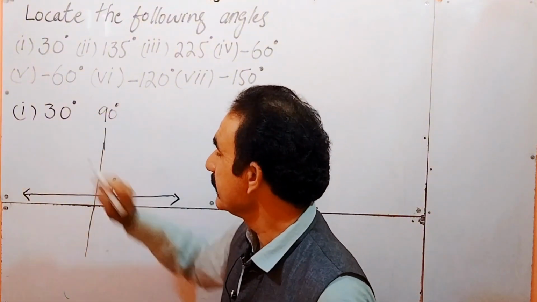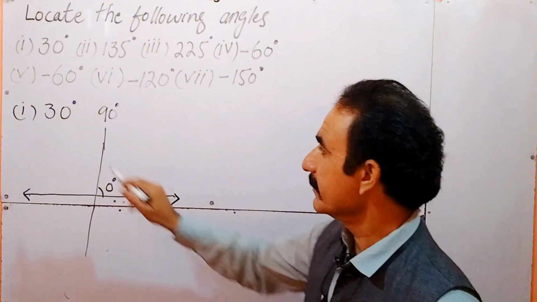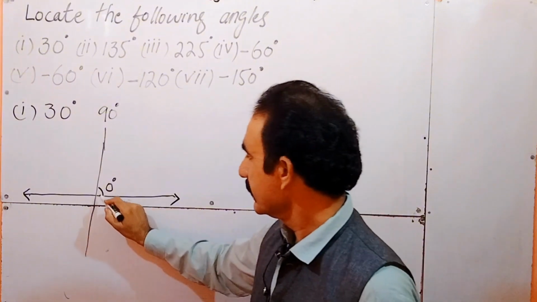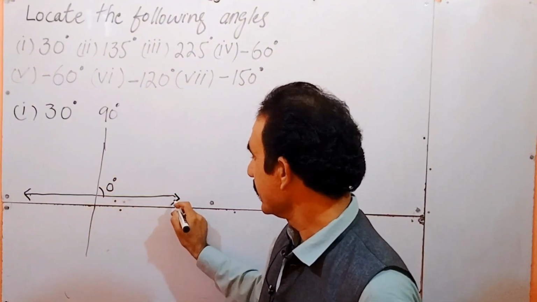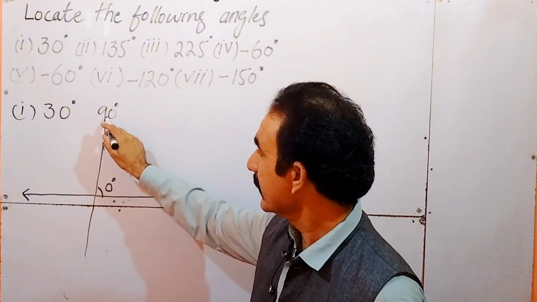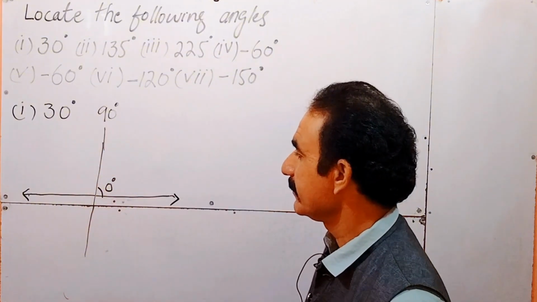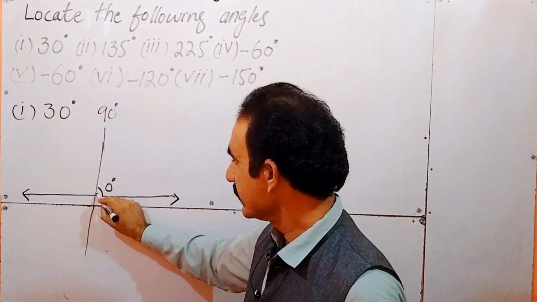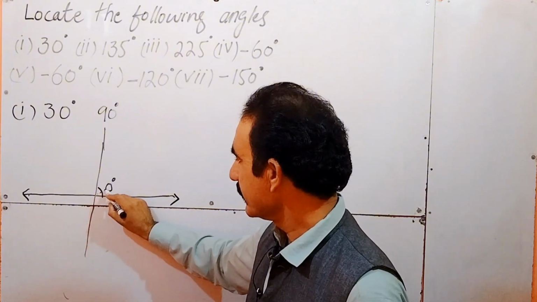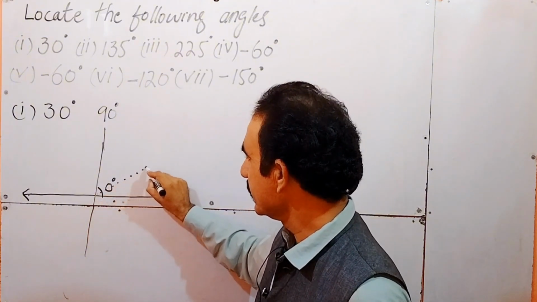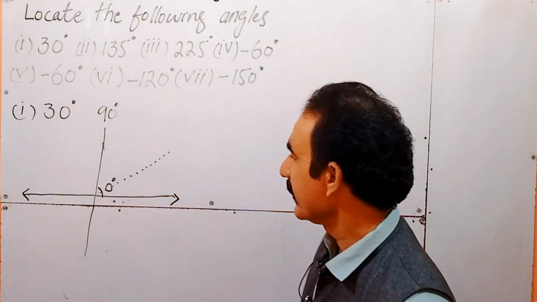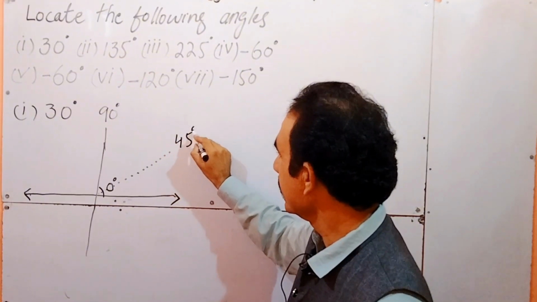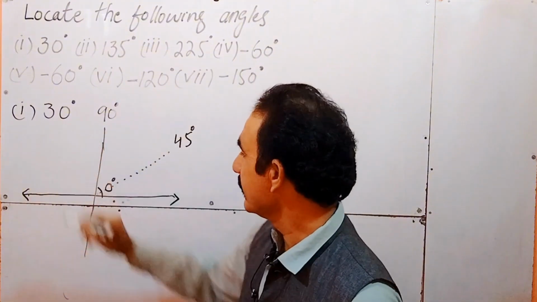First of all we want here angle of 30. You know that in the middle between 0 and 90, if we draw a line in the center, that is a 45 angle. Here we need 30.